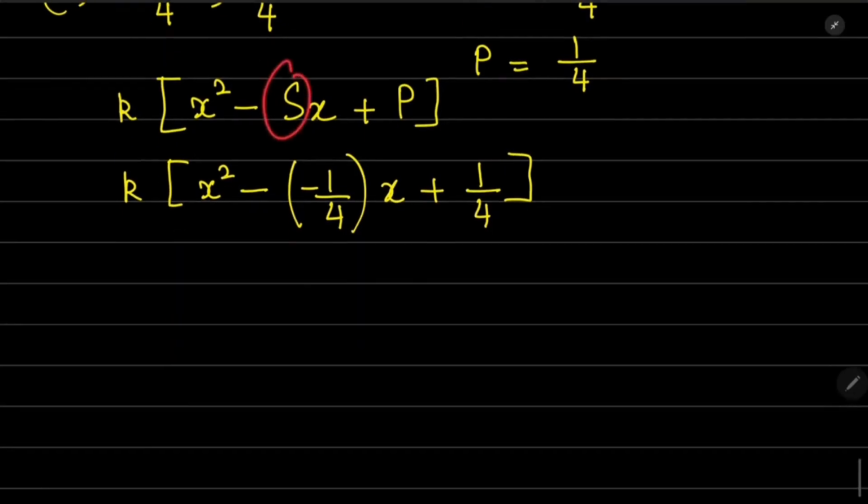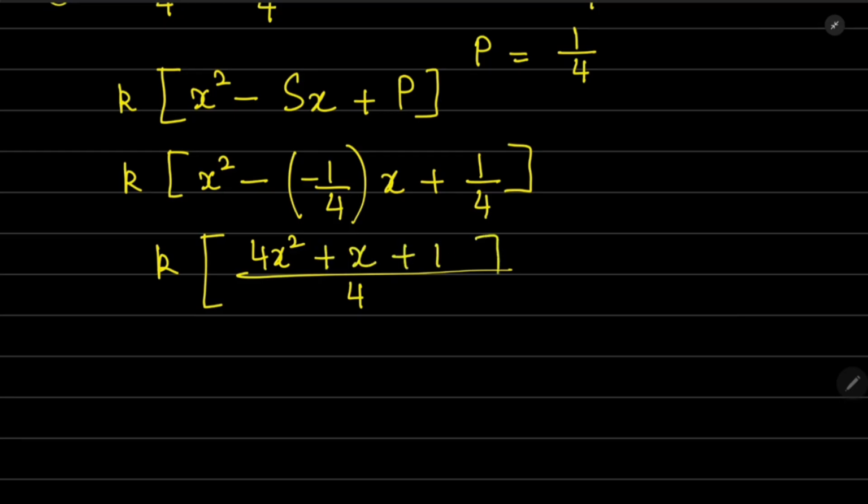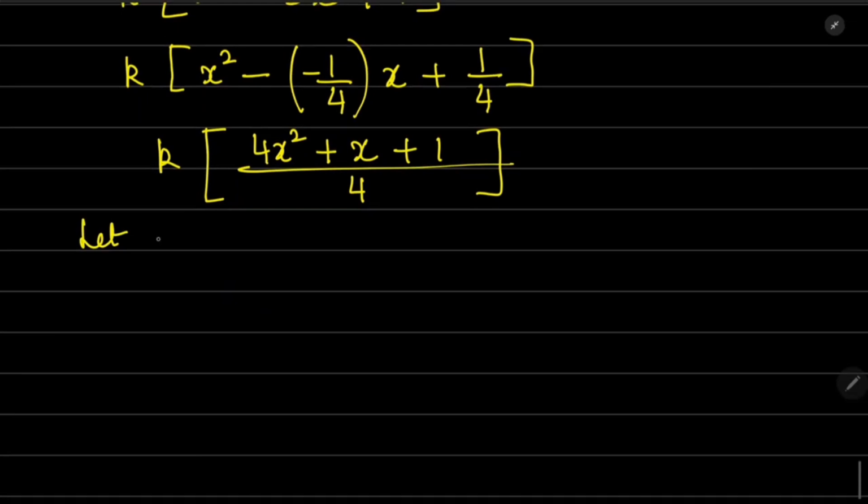Okay, so k multiplied by, take the LCM 4. So you'll have 4x square plus again x plus 1. Okay, so here I'm going to let k equal to 4 so that it gets cancelled.